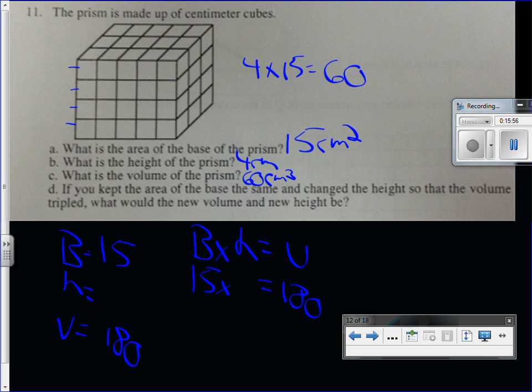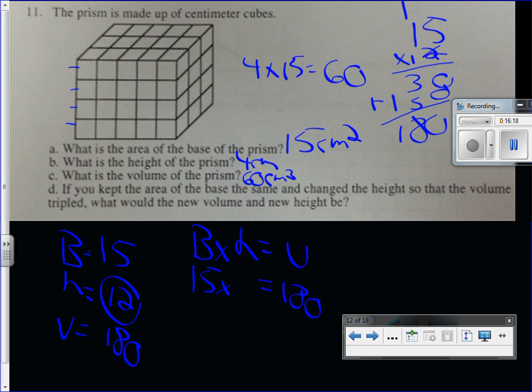Yeah. 15 times 12. 2 times 1 is 2, plus 1 is 3. Place value, 5, 1, 180. So all I would have to do is triple my height, which would be 12.